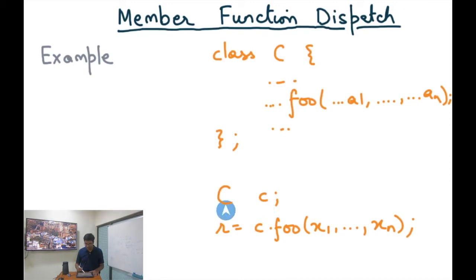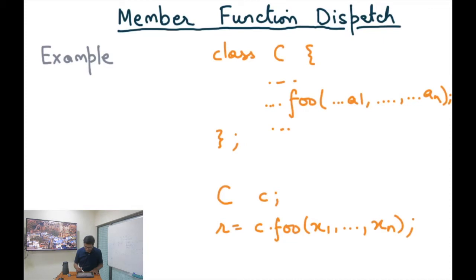and then I dispatch a call to foo on the object c. The difference between this dispatch and the dispatch that we saw on the previous slide is that this is the object-oriented version of the dispatch, because foo is a member function of class C, and c is an object from which foo is being resolved.